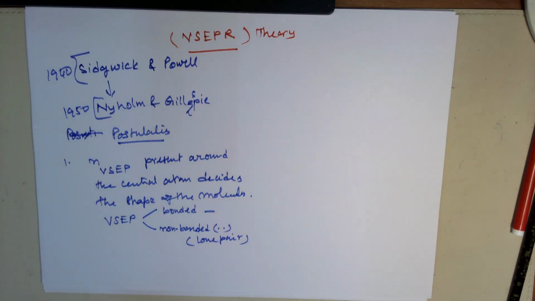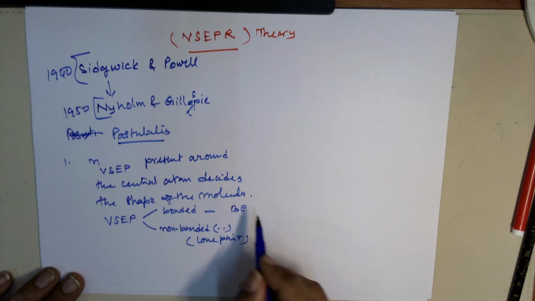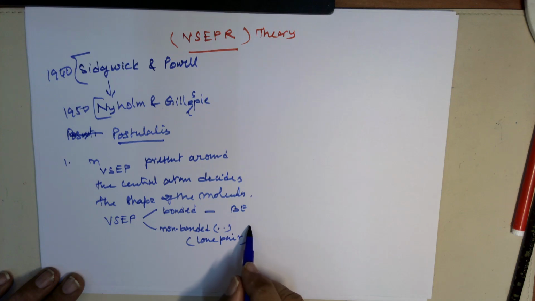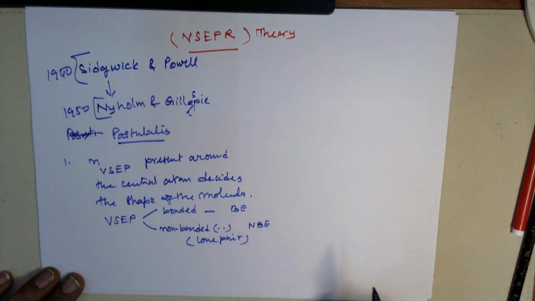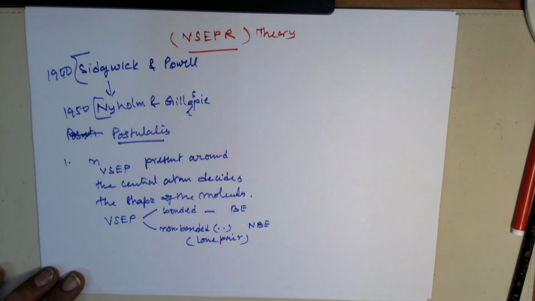Lone pair of electrons. So for our convenience, let me put this as BE, bonding electron, and this is NBE, non-bonding electrons. Some people call it lone pair of electrons also. Okay, right. BE and NBE.